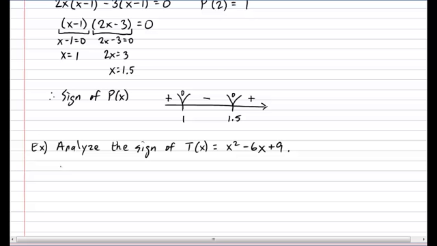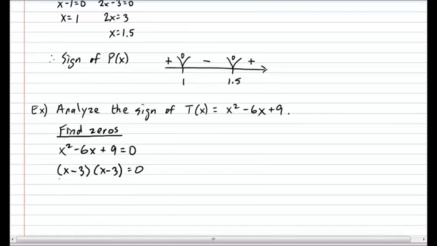So first things first, I'm going to find the zeros. So again, I'm going to use product sum, and it turns out that product sum works very nicely. It gives me x minus 3 and another x minus 3.